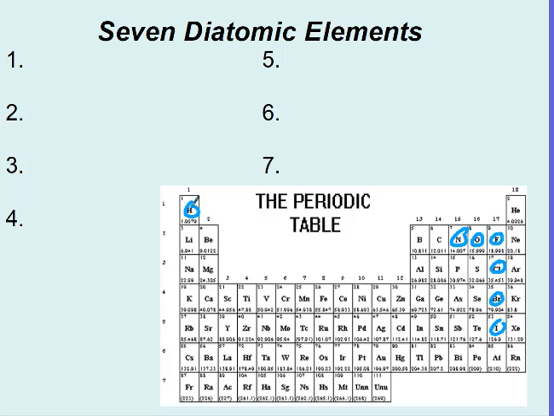So nitrogen, oxygen, fluorine, chlorine, bromine, iodine, and hydrogen. So if a problem says that you have iodine, or solid iodine, or iodine gas, if it says that you just have iodine, it's going to be I2.